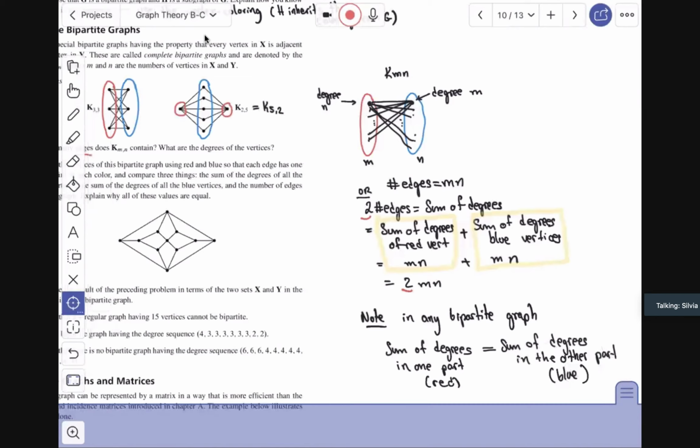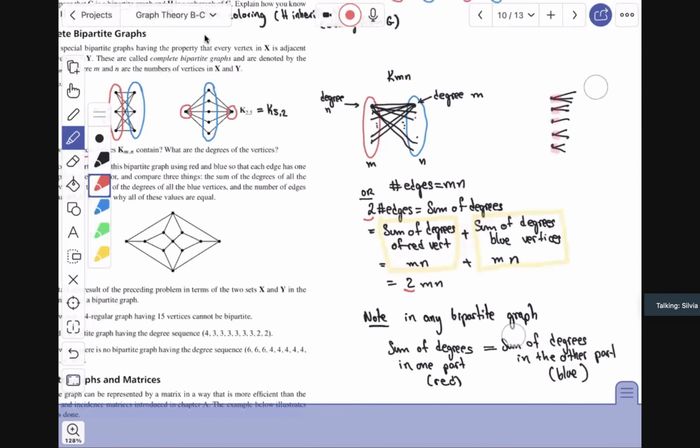But if we do the same kind of idea for bipartite graphs, if I were to count the degrees on the left first, I'm going to be counting every edge exactly once. I don't need to go to the other side. Make sense? So I will be counting every edge exactly once, and I can do the same on the other side, but it relates to the original degree theorem.